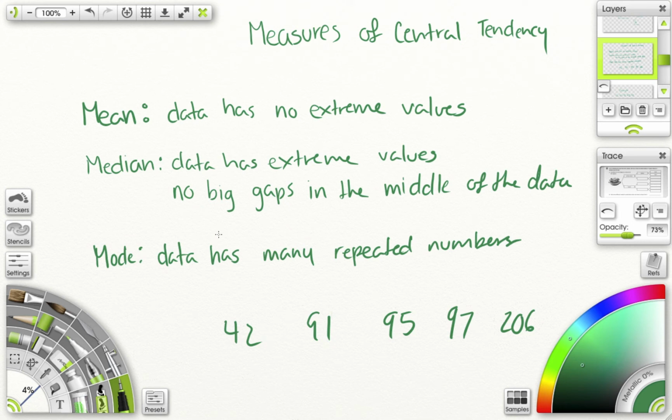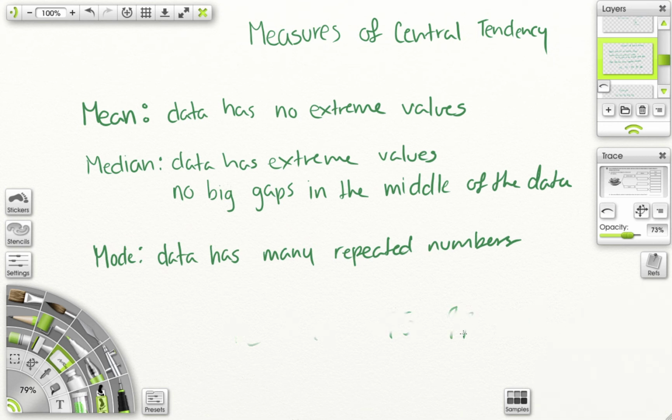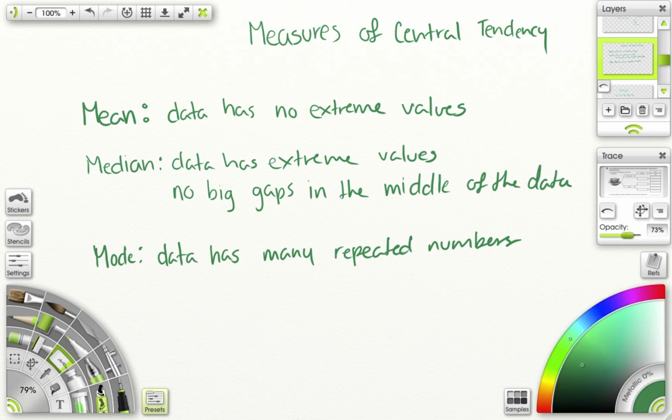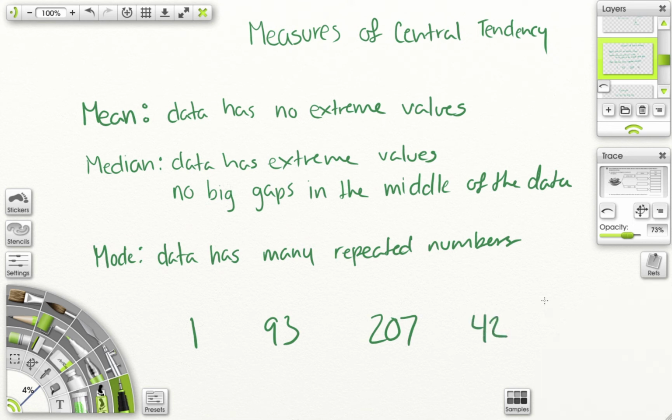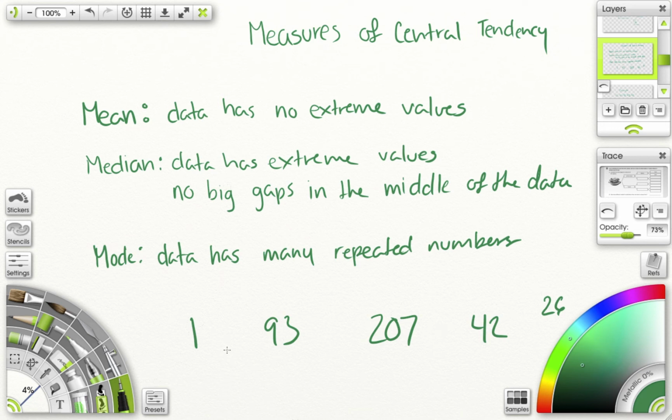The other time I would use median is if there are no big gaps in the middle of the data. As in, if I have 5 numbers again, and the numbers jump all over the place, like 1, 93, 207, 42, and 26. These are my 5 numbers.